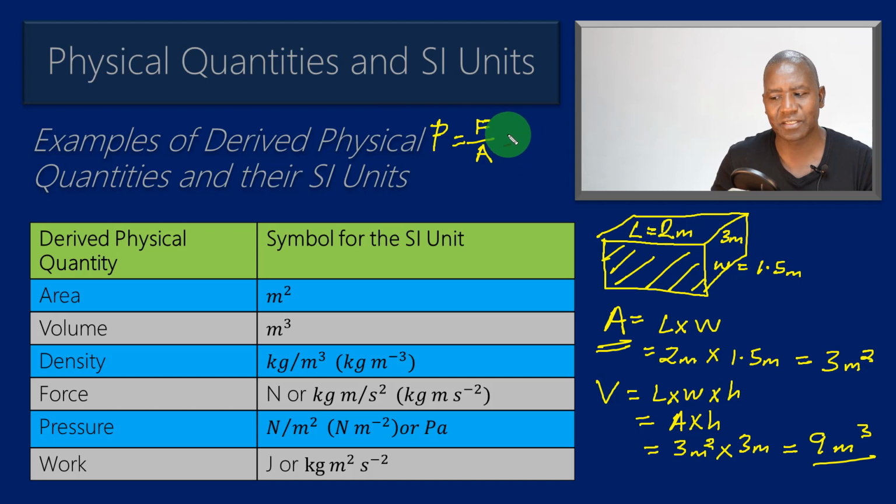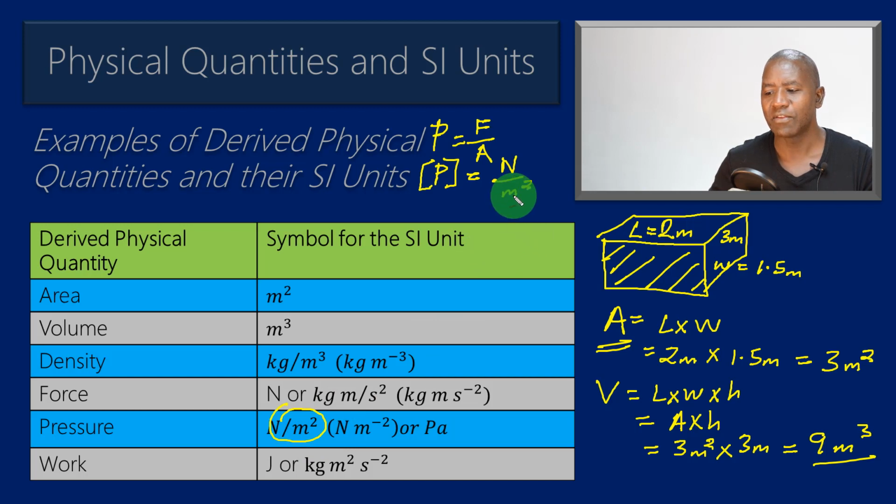How about the units? The unit of pressure, written by putting P in square brackets, is equal to the unit of force, which is the newton, divided by the unit of area, which is meters squared. And that is where I get newtons per meter squared, or newtons divided by meters squared.